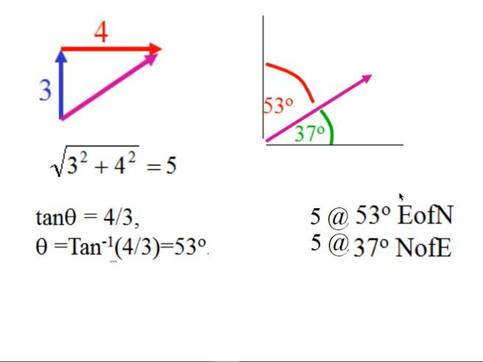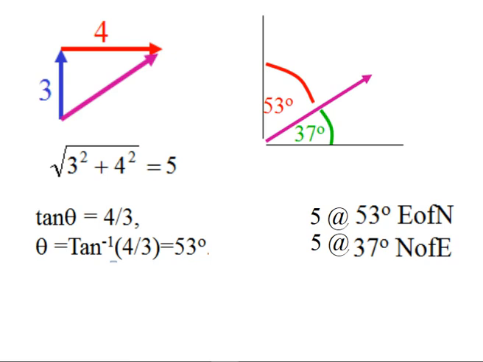And I hope you feel comfortable with this. You're going to be seeing it a lot, and I hope you will give your answers to me in that form. Notice what we do. It's backwards to the way it's written. What this means is start at north and then go east of it by 53. Or start at east and then go north of it by 37.